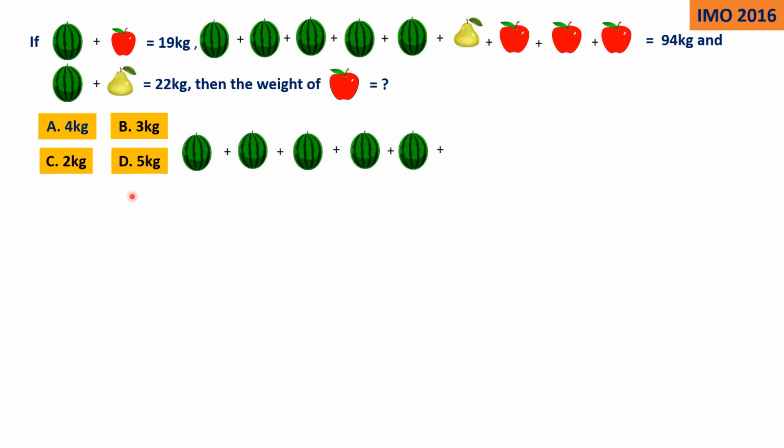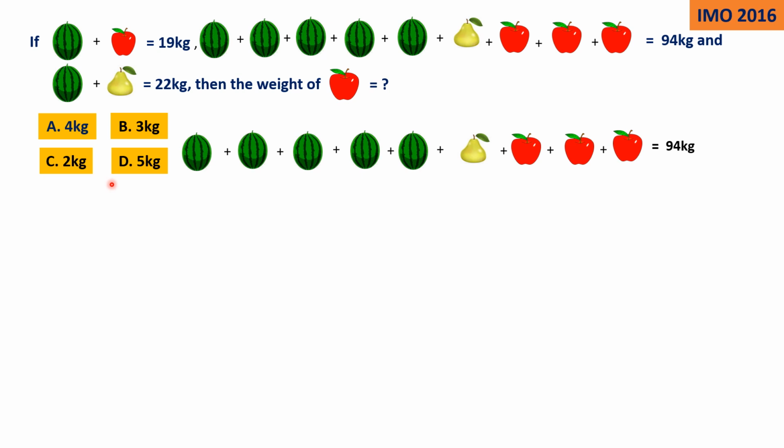5 watermelon plus 1 pear plus 3 apples is equal to 94 kg. Here, weight of the watermelon or pear or apple is not known to us, but we know that weight of the watermelon plus apple is equal to 19 kg and weight of a watermelon plus pear is equal to 22 kg.